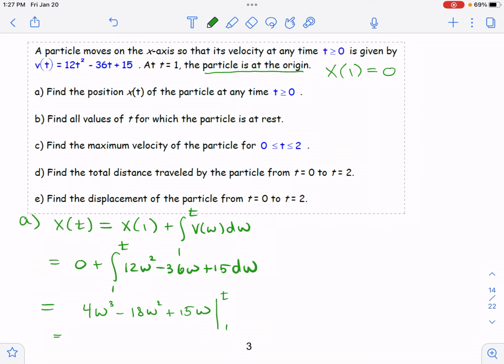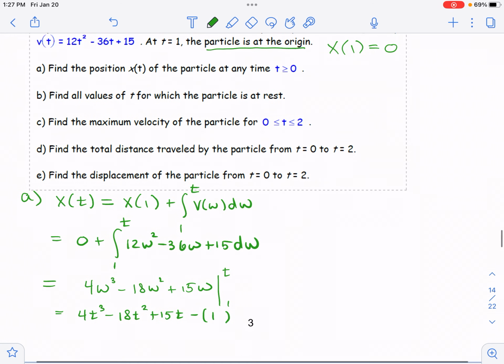Upper limit of integration, just turn the w's to t's. Minus, when you plug in the lower limit of integration, you get 4 minus 18, which is negative 14, plus 15 times 1, so you get a 1 here. Okay, so our closed form would be x of t is equal to 4t cubed minus 18t squared plus 15t minus 1.